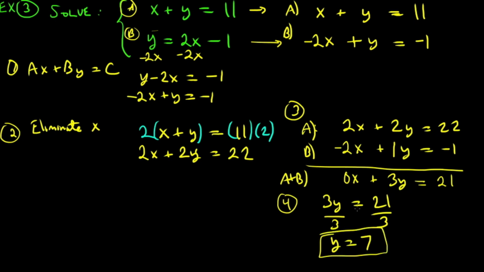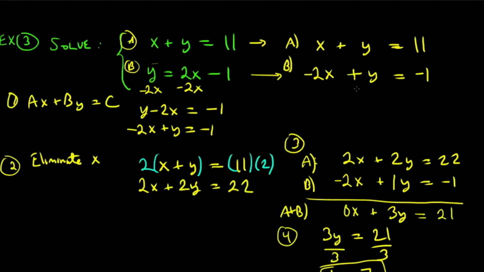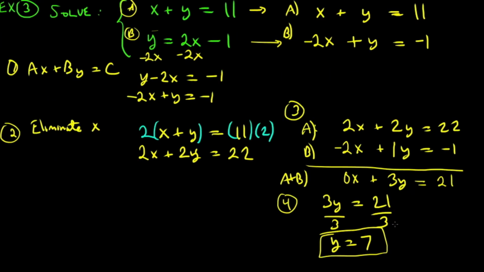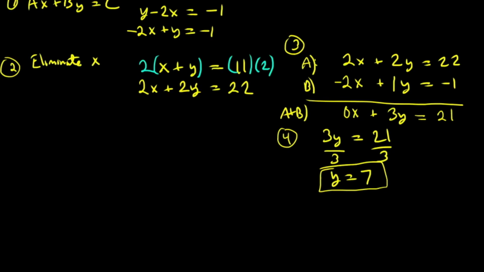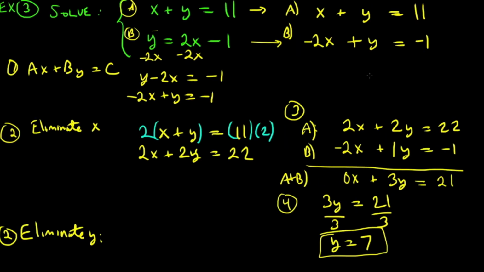Right, so now that we know what y is, we can go back and find x, right? But I'm going to do something different, because some of you might have said, I eliminated y, I didn't eliminate x. So we can do that as well. Let's eliminate y instead. Right? So to eliminate y, notice that they already have the same coefficient.